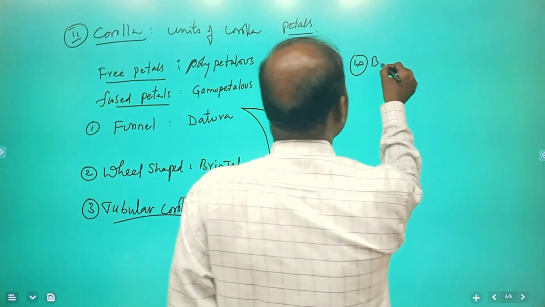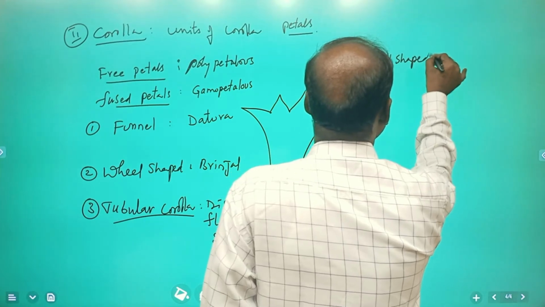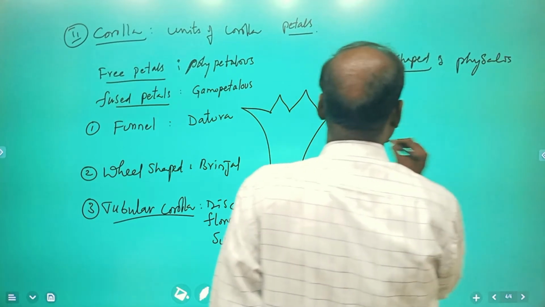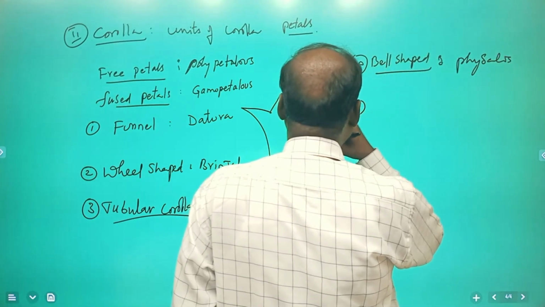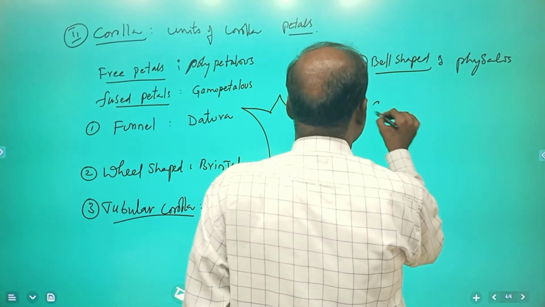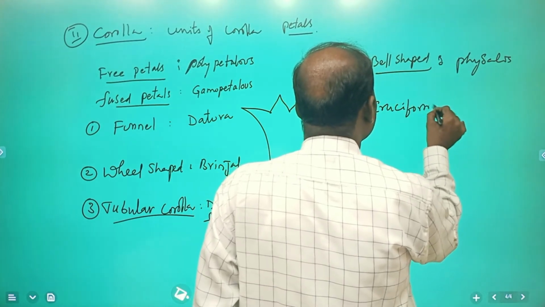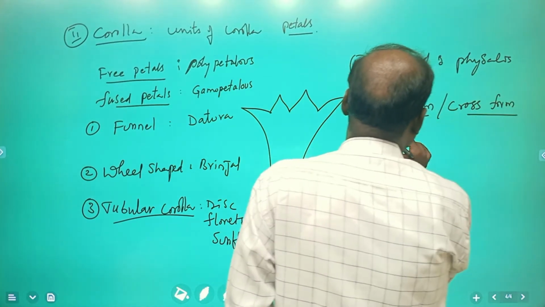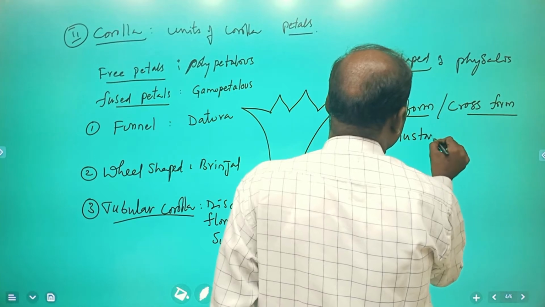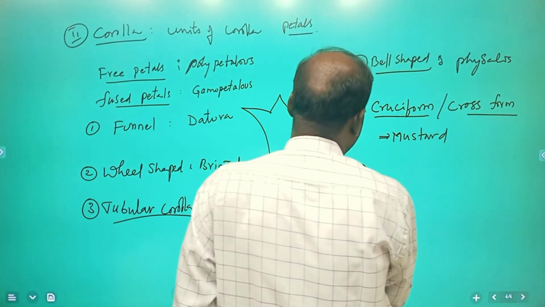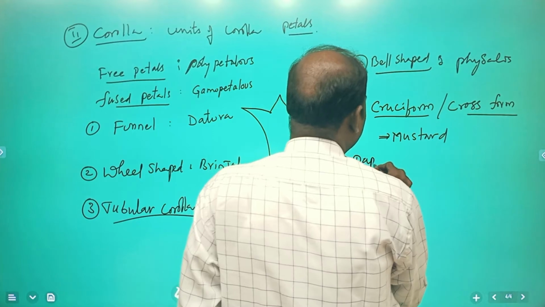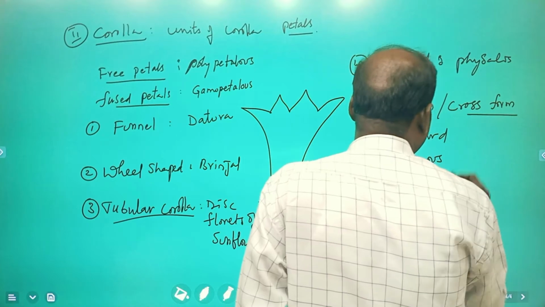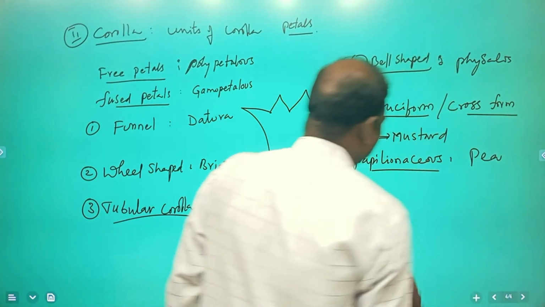Then bell-shaped corolla is found in physalis. Cruciform or cross-form corolla is found in mustard. Papilionaceous corolla is found in pea plants.